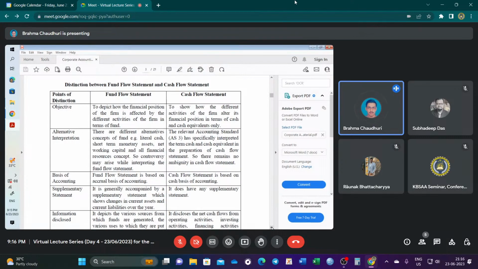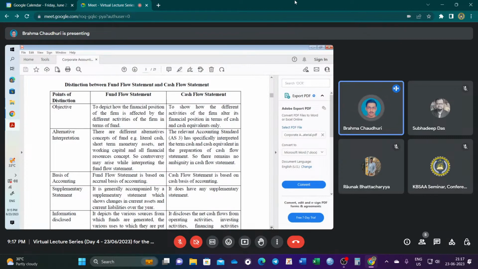That means it is based on the accrual basis of accounting. Pre-received income, prepaid expenses, income received in advance, or expenses paid in advance are all included under the fund flow statement. But under the cash flow statement, only actual cash receipts and actual cash payments are considered. That means actual cash inflow and actual cash outflow, not what should be, but what has been.